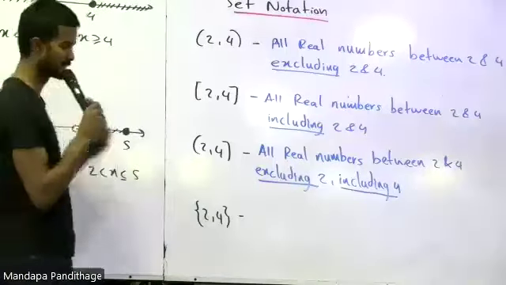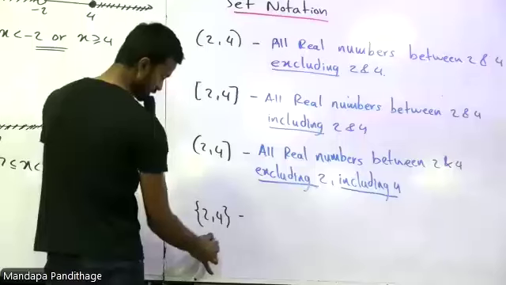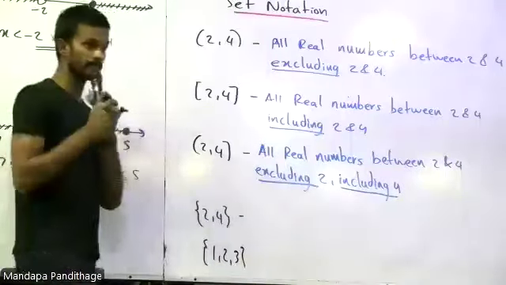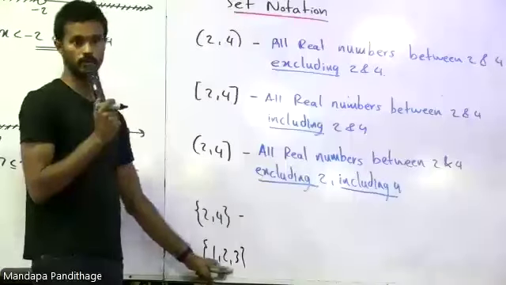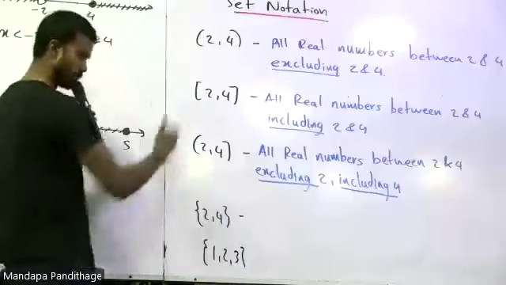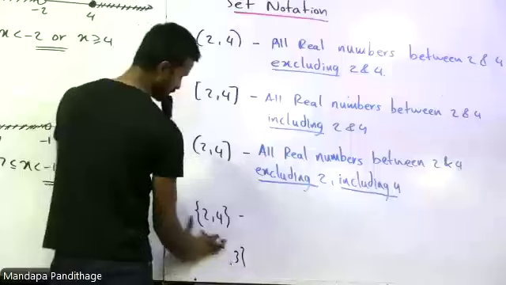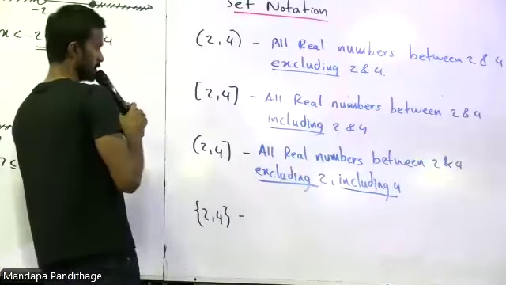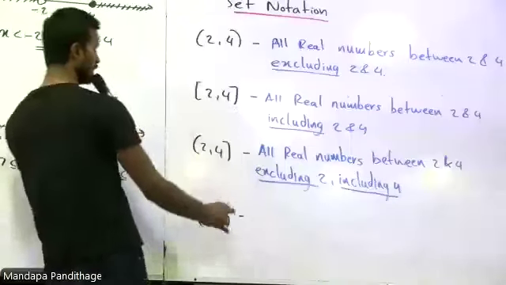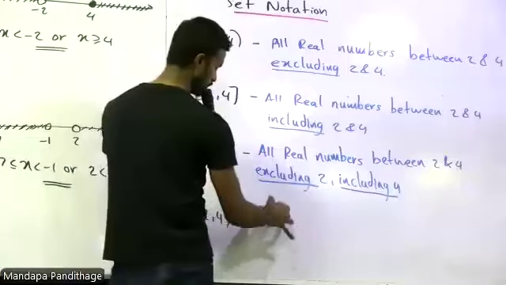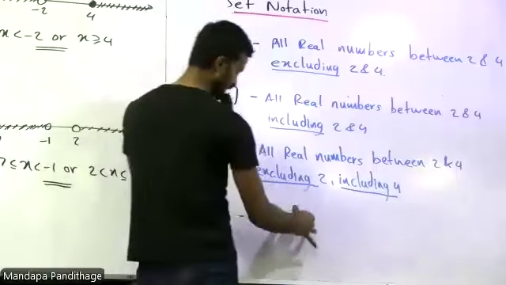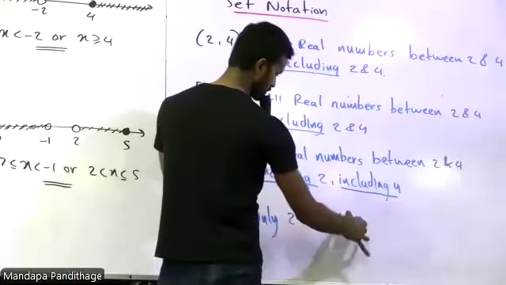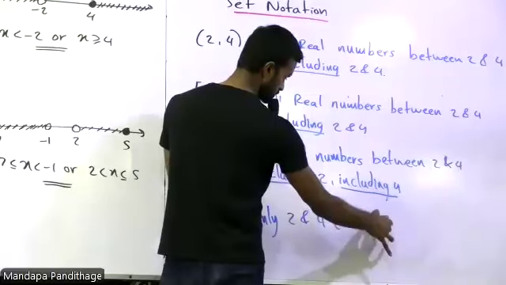Inside curly brackets, if you write 1, comma 2, comma 3, that means there are three elements: 1, 2, and 3. So here it's only the elements, not a range, only 2 and 4. Only the two elements, 2 and 4.